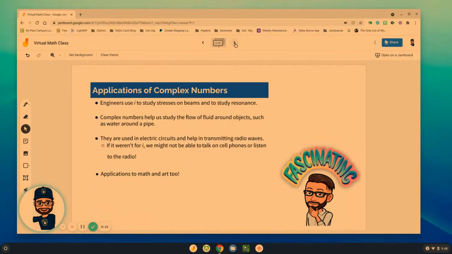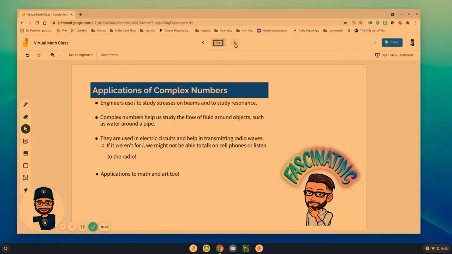Now, complex numbers and imaginary numbers are very similar in a sense, you'll see in a moment. As I talked about the other day, some applications are that engineers, people that build or look at building things, use i to study the stresses on beams or the resonance that stress might cause in a beam.